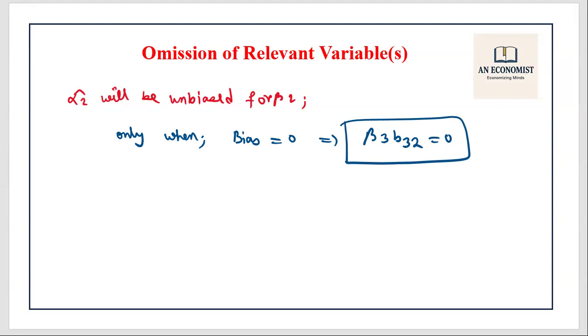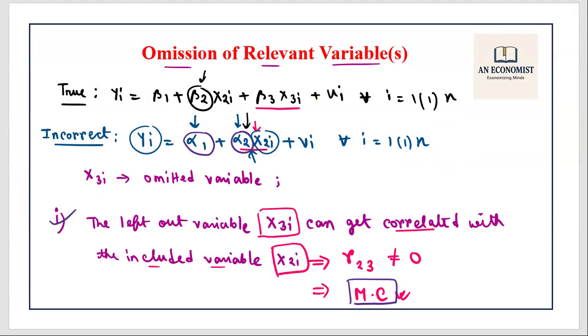Now this term can be 0 in two ways. Either beta 3 can be 0, or b32 can be equal to 0. These are the two possibilities. Now if beta 3 equals 0, what is the issue? If beta 3 equals 0, there is no specification error at all. Let me show you the models again. If beta 3 is exactly 0 in the true model, then this x3 term is not there at all.